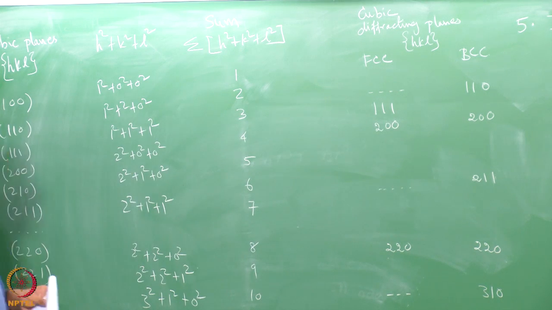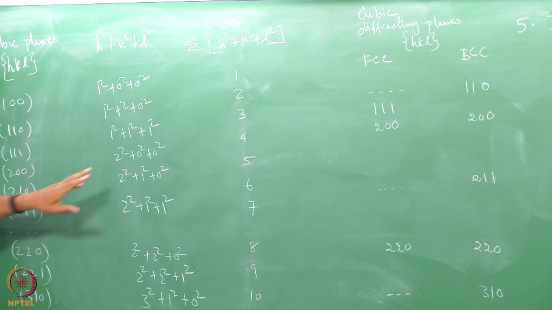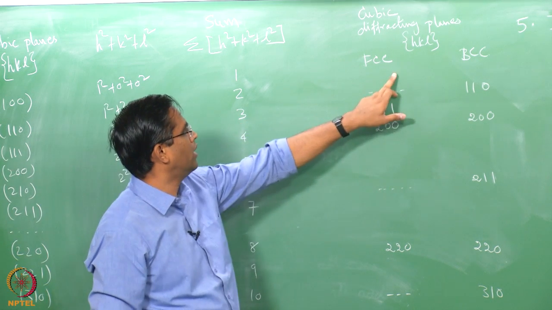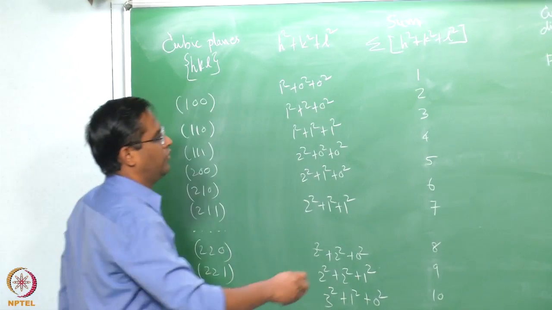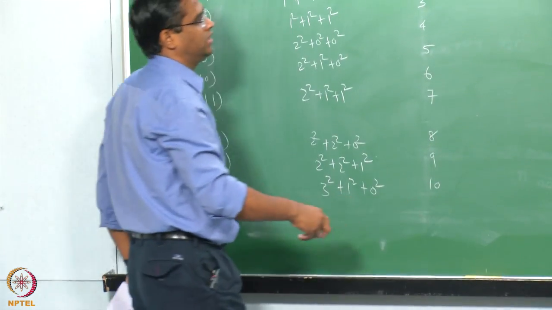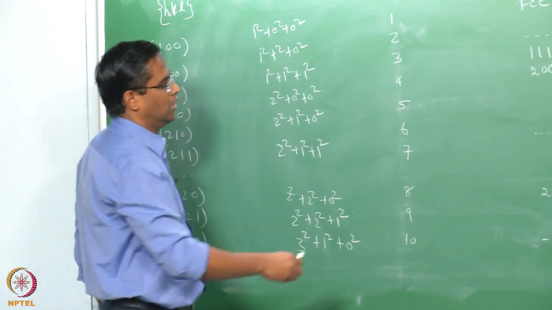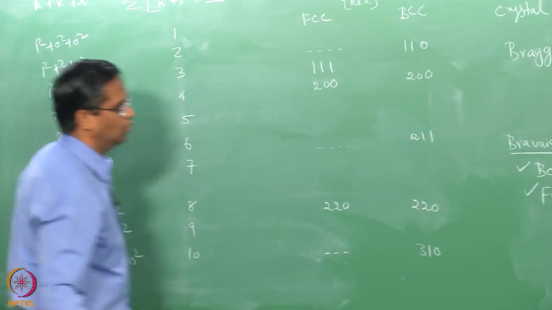So, now you can see if it is a face centered cubic lattice or a body centered cubic lattice, which are the reflections you will see in an X-ray diffraction according to this selection rule.